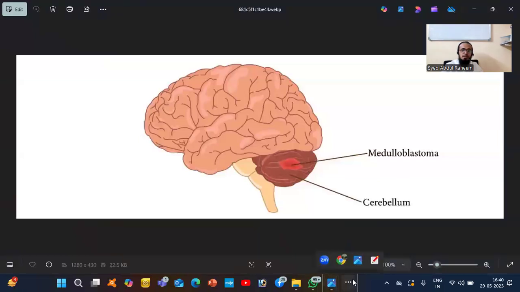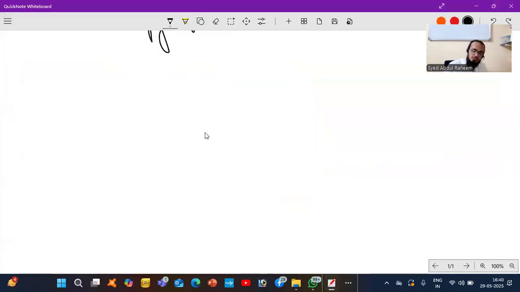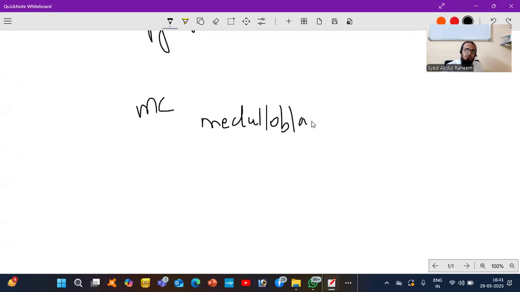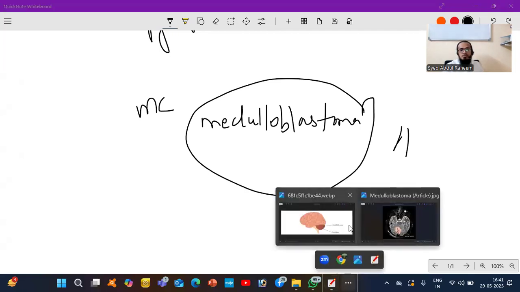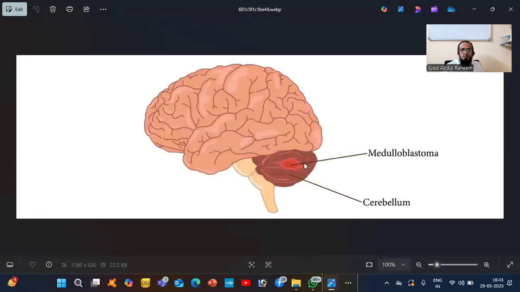But what is the cancerous tumor? Most common malignant or cancerous tumor, that is medulloblastoma. So you can see here in this image, this is the cerebellum.